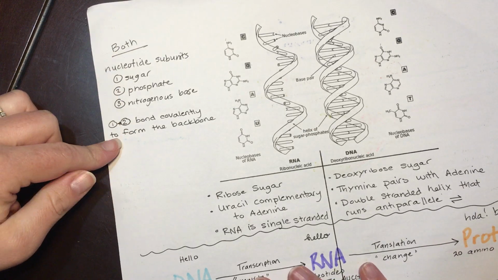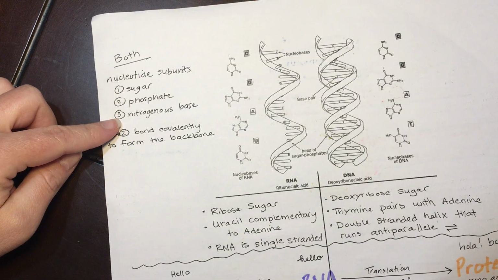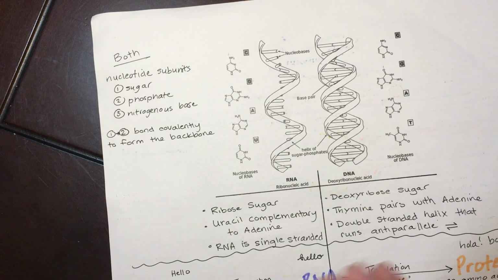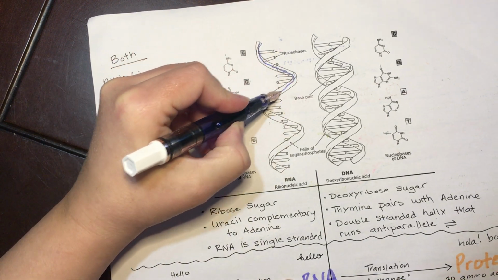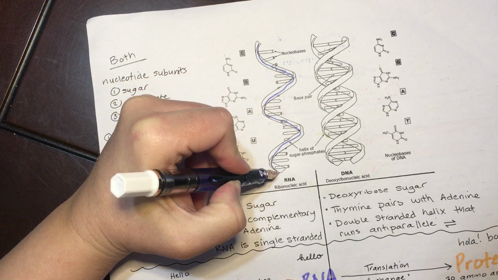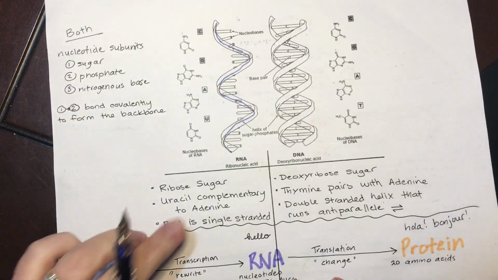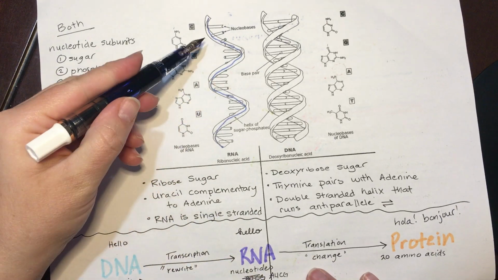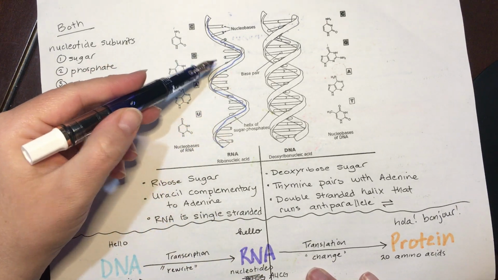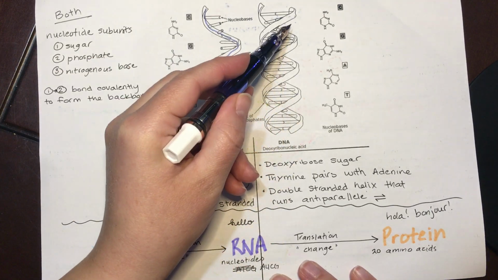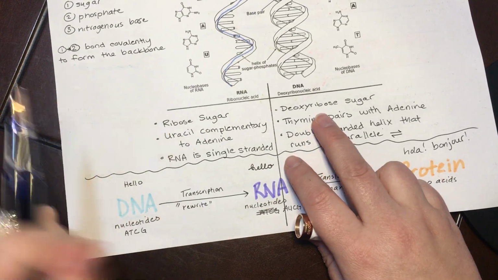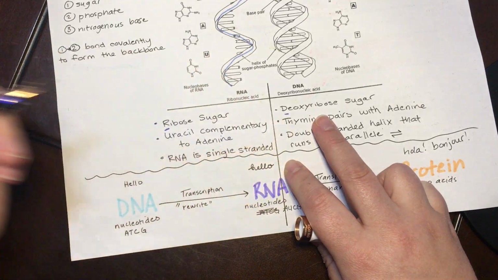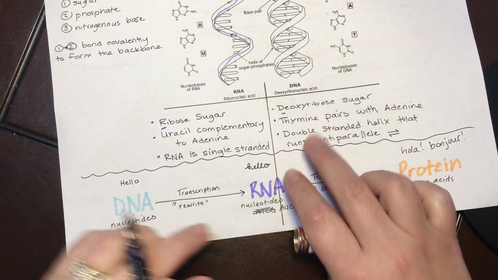This is just an overview, so keep in mind that any nucleotide has a sugar, a phosphate, and a nitrogenous base, and to create this backbone and the uniform structure, we're connecting sugar to phosphate, sugar to phosphate, sugar to phosphate. The nitrogenous bases on RNA are just sticking out, but on DNA they're bonding across to each other. And we've got ribose sugar instead of deoxyribose sugar. That's where the RNA and DNA come from.